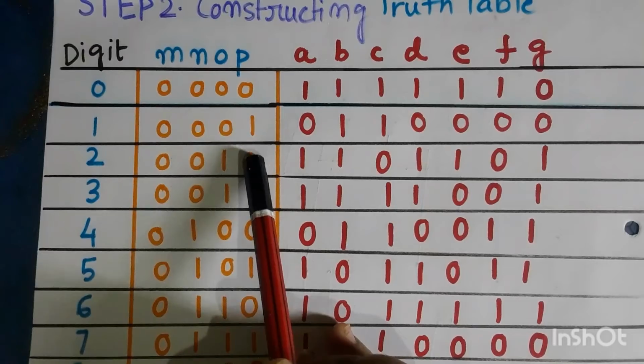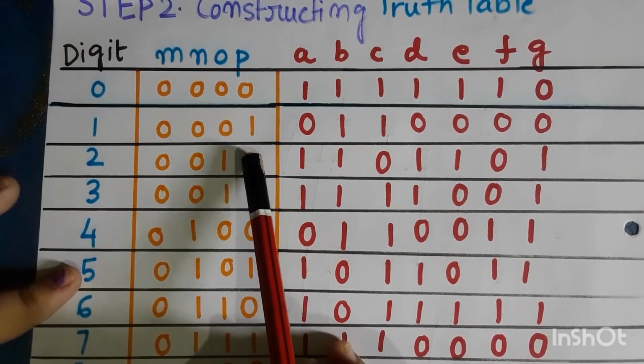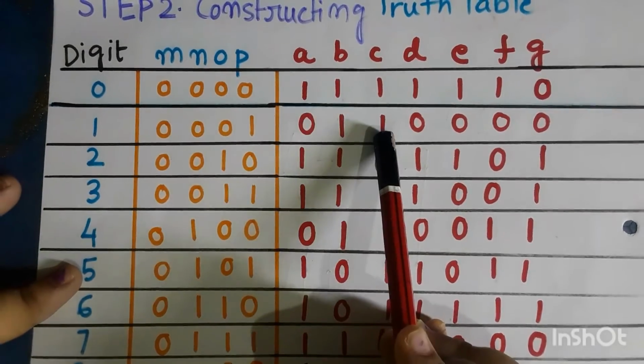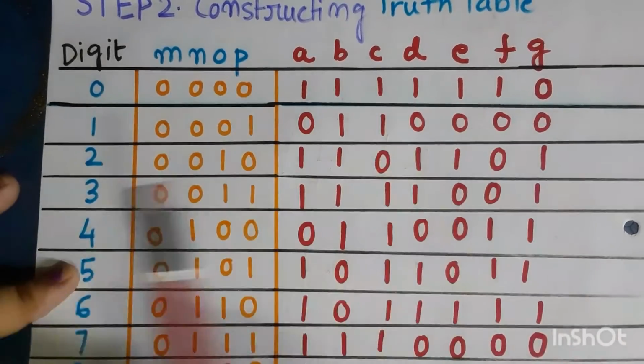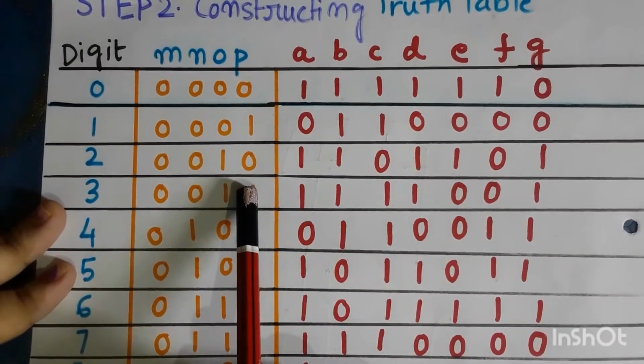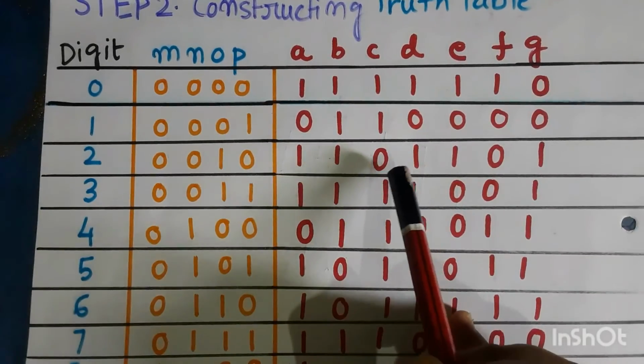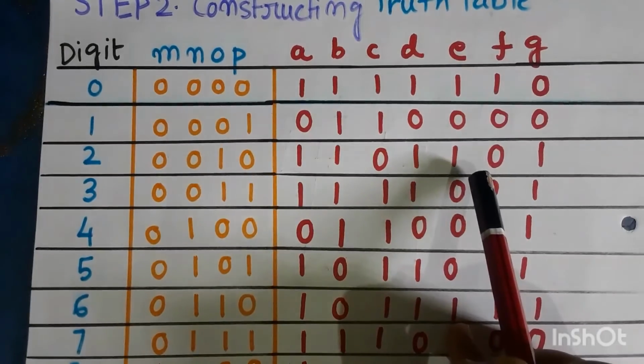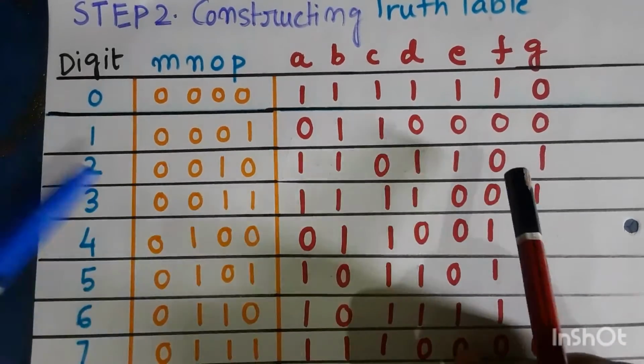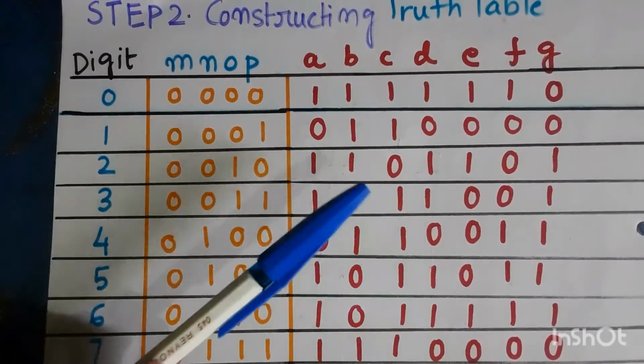To represent 1 in BCD, B and C will be 1, and all others would be 0. To represent 2, except C and F, all values will be 1.